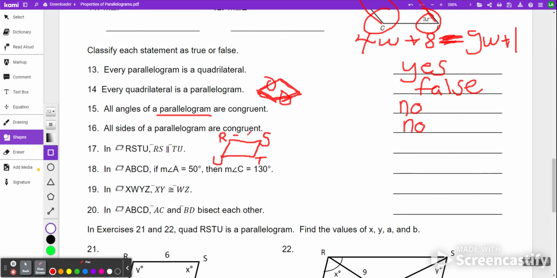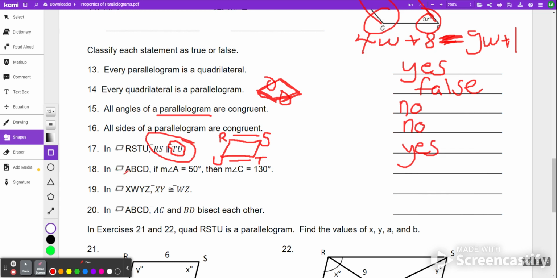So RS is parallel to TU, and look at this little segment sign they have up here. They need to learn how to use a computer. That is really sloppy typography or symbology or whatever. I don't know. But anyway, it's true that RS is parallel to TU. Look, they're across from each other. I think we're supposed to be saying true, but I like yes.